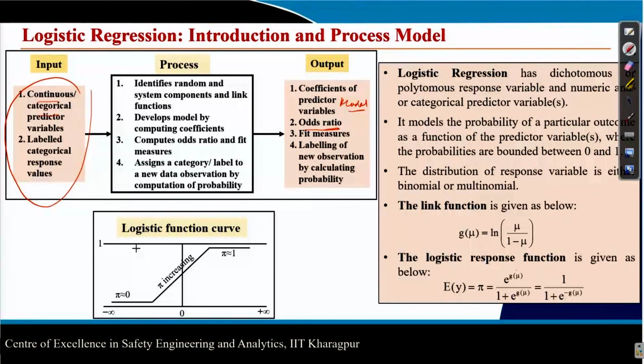So, obviously 0.5 is probably the value which may be considered as the threshold value. If above 0.5, then it will fall on that class which you consider as y equal to 1 or y equal to 0. If it is less than that, it will go to the other class. But if there are more than 2 classes, then you cannot say 0.5. So, it is again another important issue.